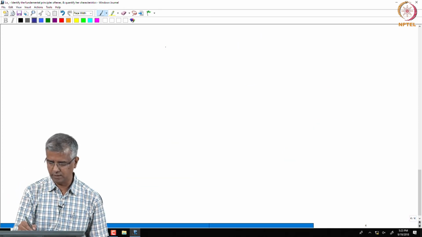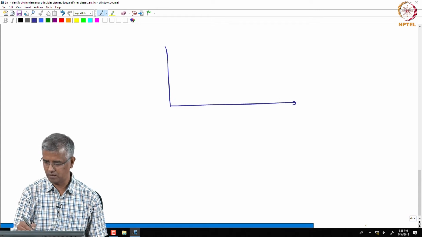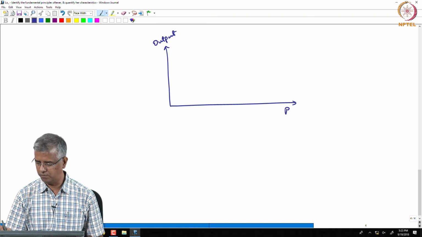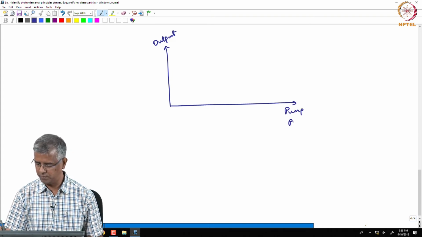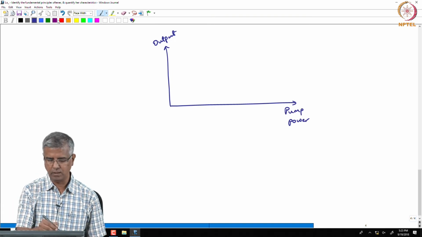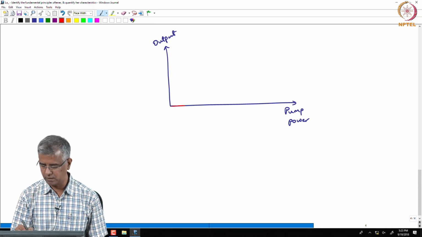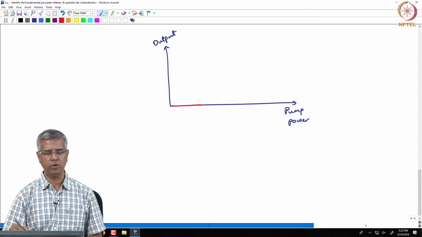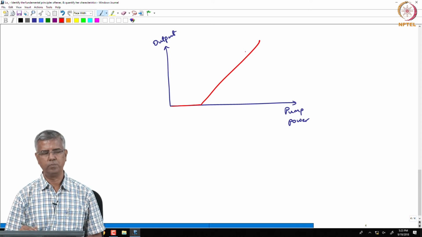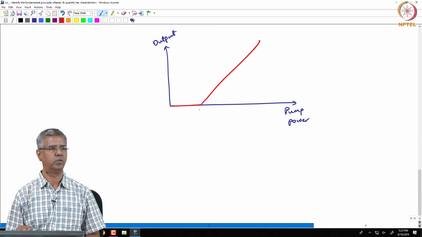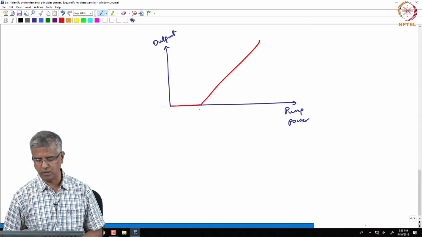So let's just say output as a function of pump power, right. So what we are saying is that output is going to be fairly low. Beyond a certain threshold, it's going to pick up in terms of the output power.